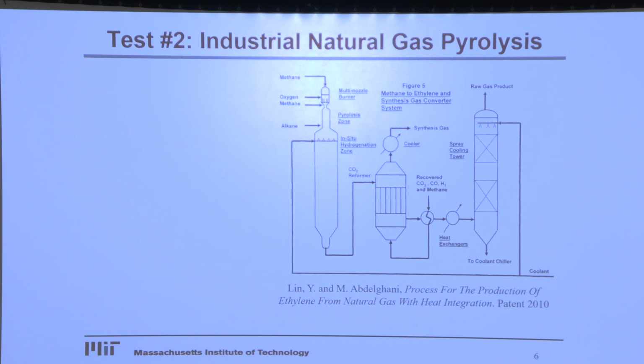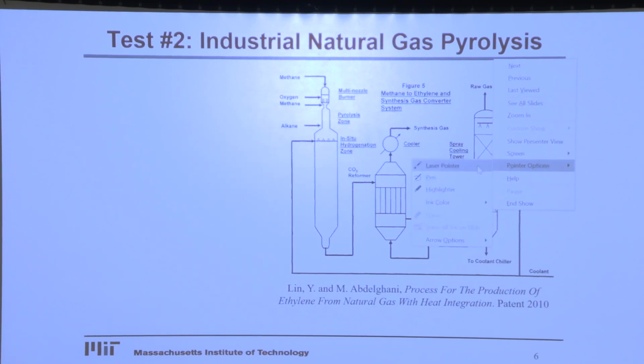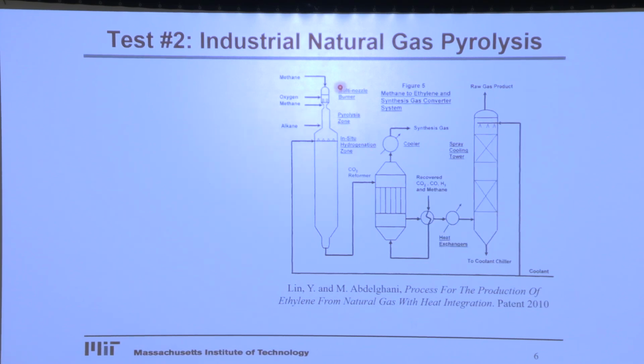So one idea about this is you would take some methane and burn it with oxygen in a really hot fire, and then you would squirt in some alkane or some other methane into this really hot zone, but now it would be fuel rich because you've already burned up all the oxygen.